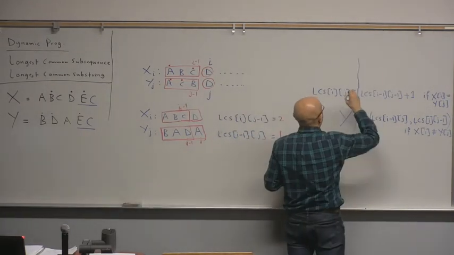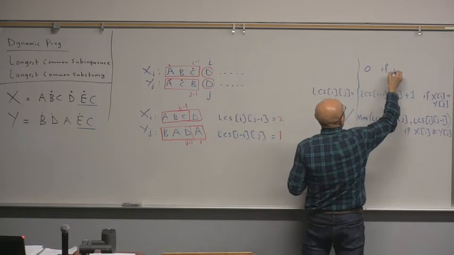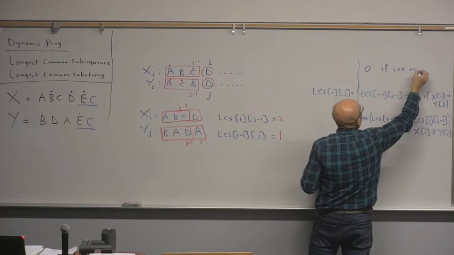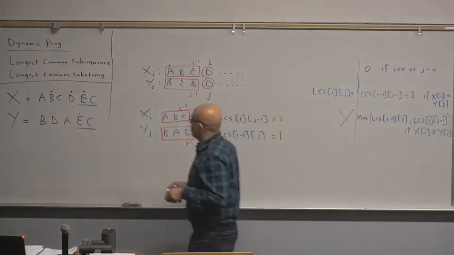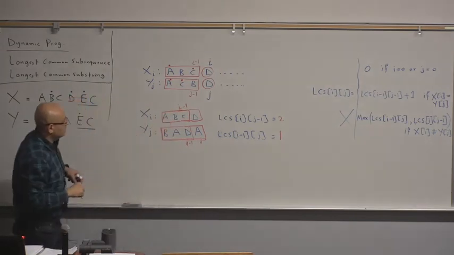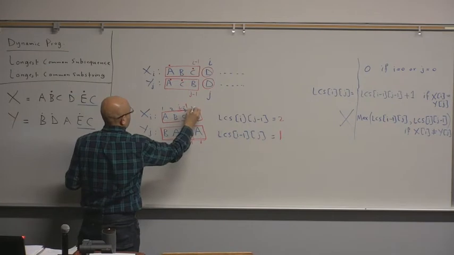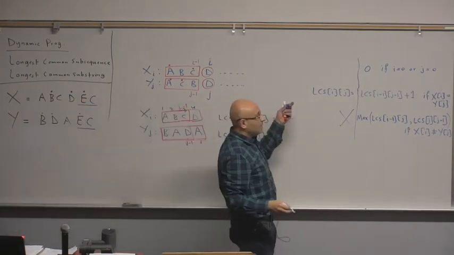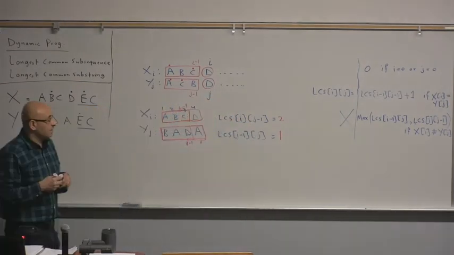So this is going to be 0 if i equals 0 or j equals 0. We start numbering from 1 here, so this is going to be 1, 2, 3, 4.